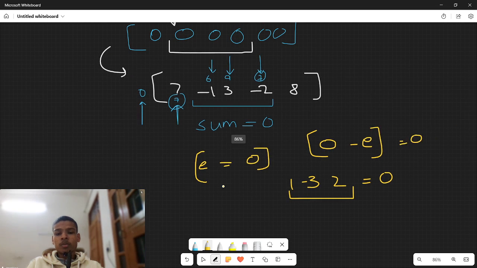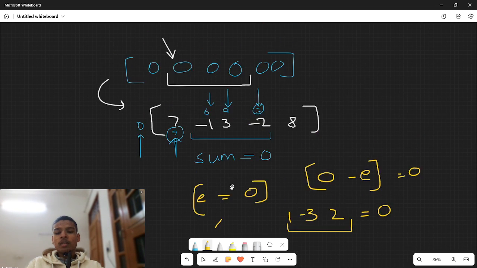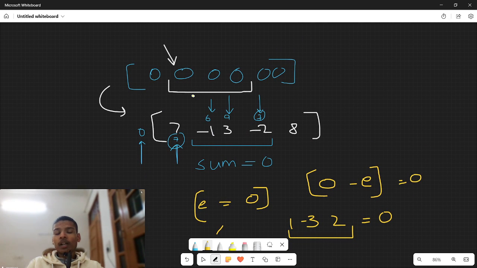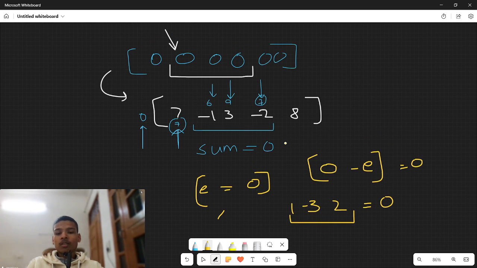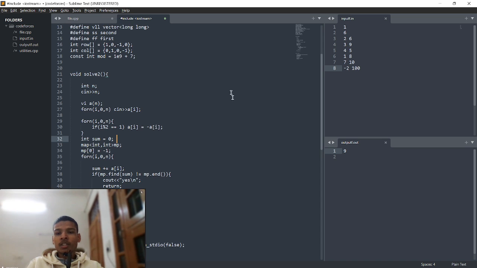So this is our problem solution. First prerequisite is to find whether there is a subarray whose sum is 0 or not, by negating all the numbers on even indexes, or I can negate on odd indexes also. It's your choice.